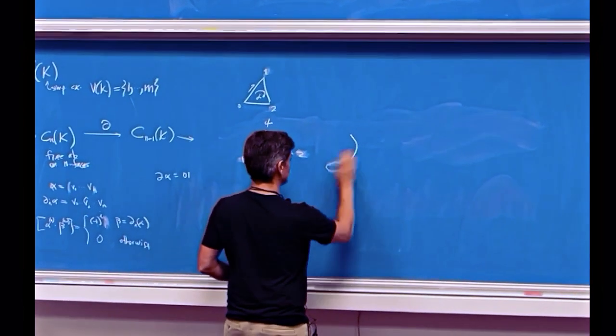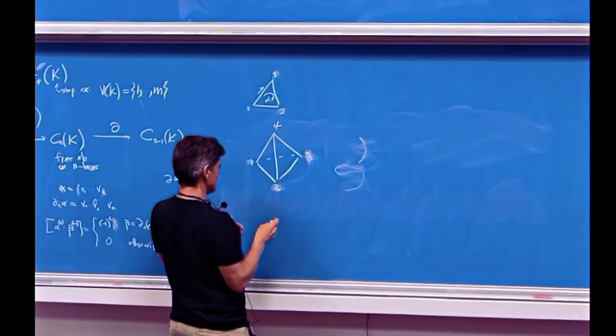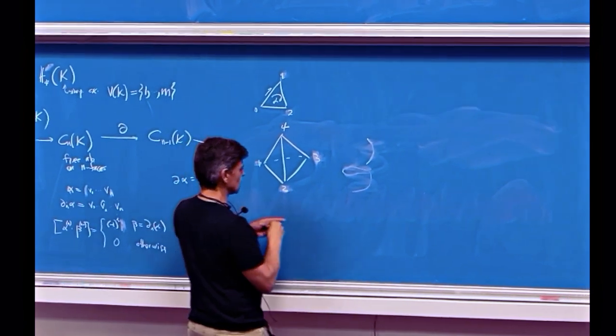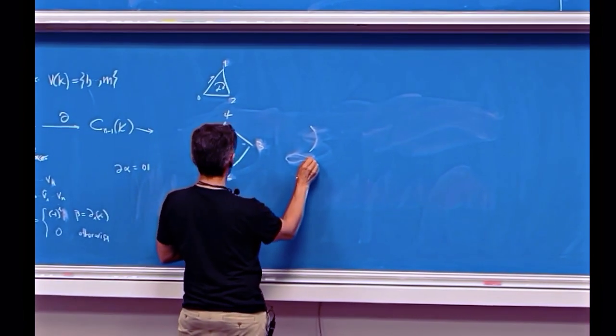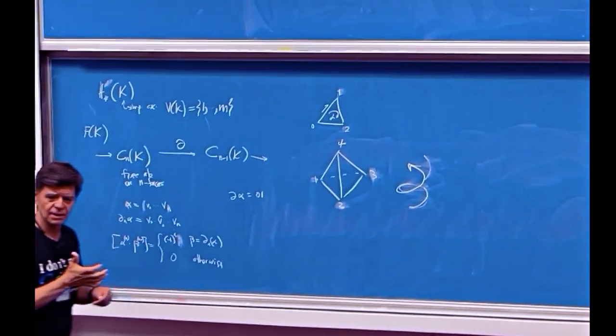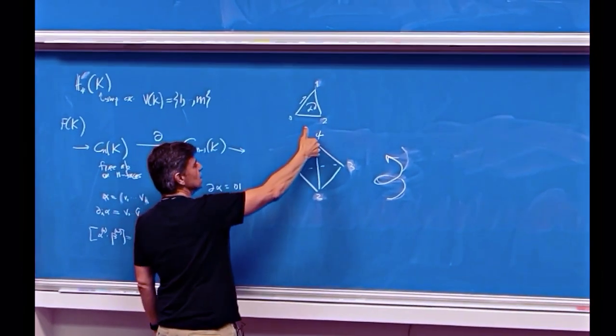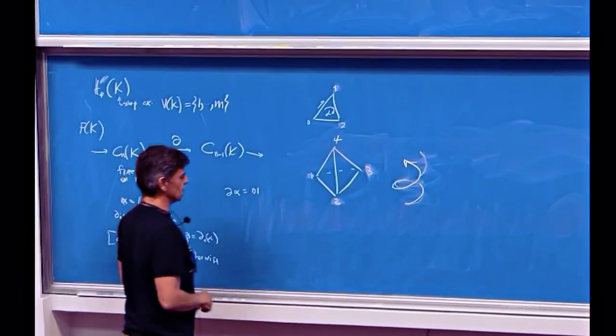Let me use this one. This is the right-hand side orientation, so this goes like that, and like that. I'm using this orientation, and the last one goes in that direction.